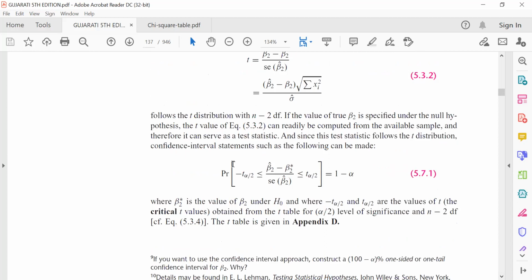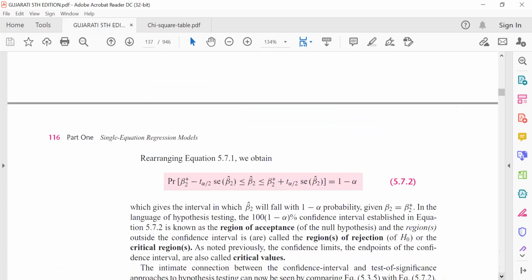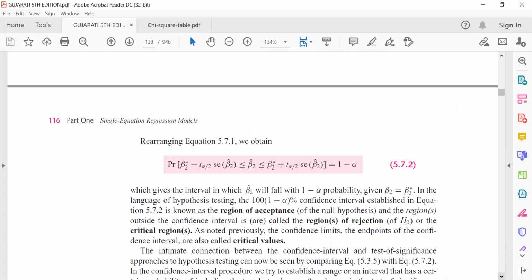According to the probability here, we have a confidence interval around the estimated value. We give the interval in which beta 2 will fall with 1 minus alpha probability, given beta 2 is equal to beta 2 star.